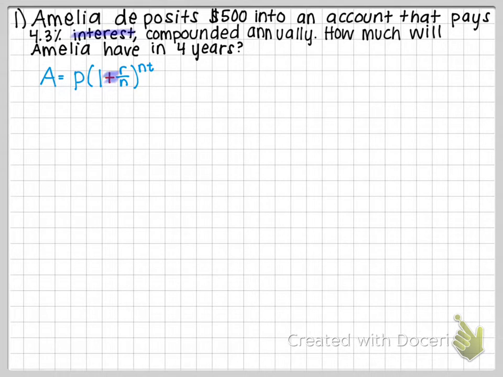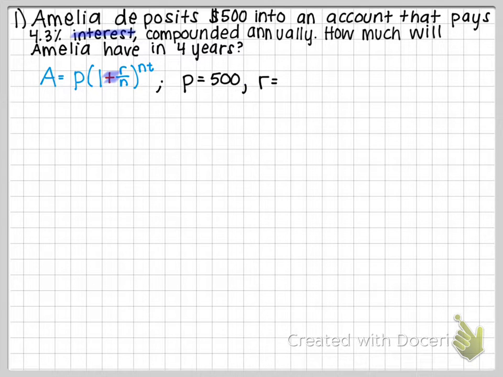We're going to make it positive because we're talking about interest. Interest makes your money grow. So she deposits $500. At the end of 4 years, she's going to have more money than she started with because of the interest. So we're going to put a plus sign in between 1 and R over N. P is what she started with, $500.